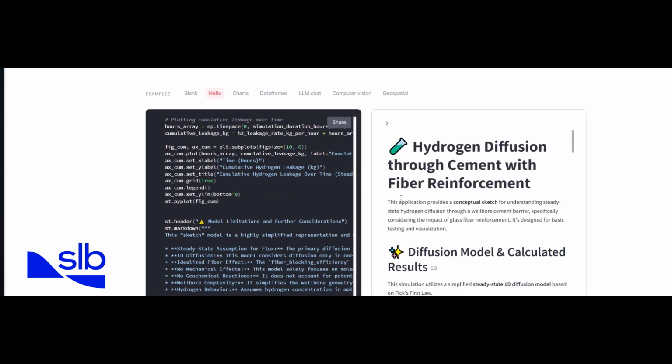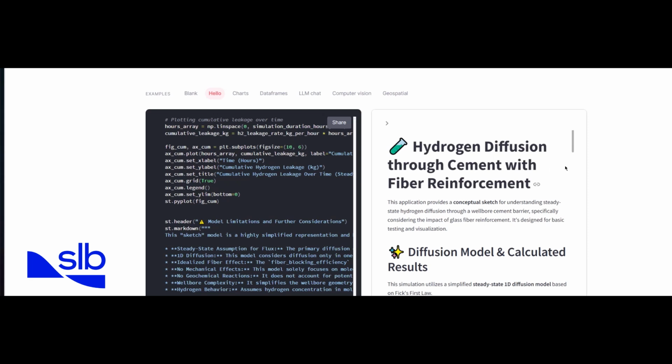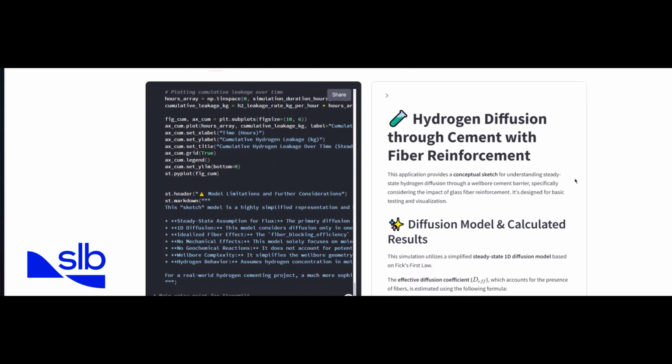Today we are evaluating an SLB project, a new project about new techniques for capturing hydrogen, and we also evaluate some troubleshooting about the way to capture and the way to make secure wells with geomechanical stability.